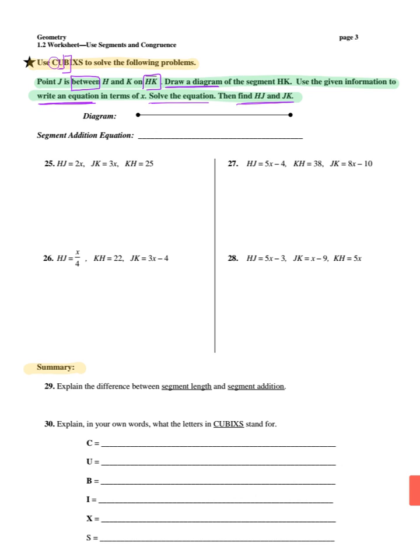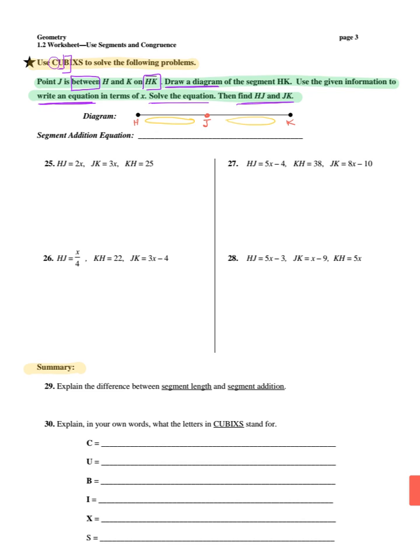So I have a little line here, the start of my segment. It says that J has to be between H and K, so somewhere on this segment, we are going to put J, and it is between H and K, so we will put those at the ends. And do you see how we have segment addition getting started here? We have the left side, and we have the right side.